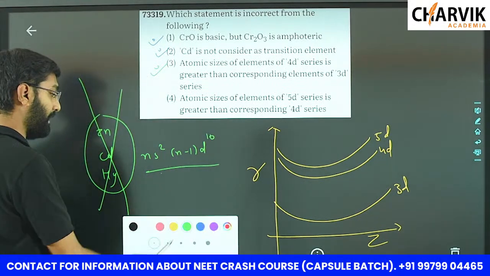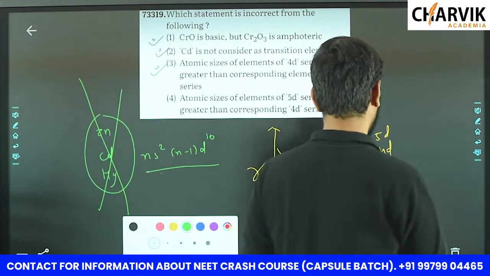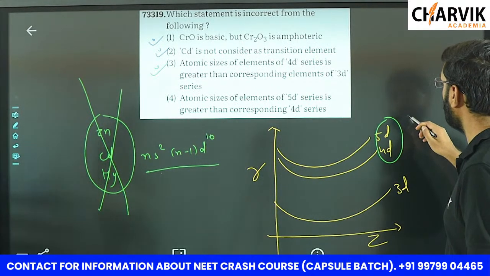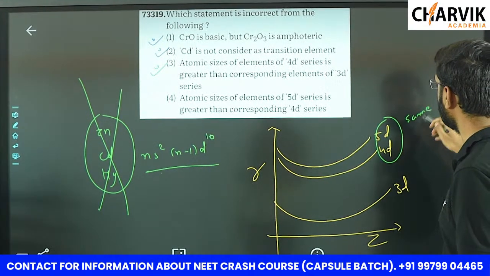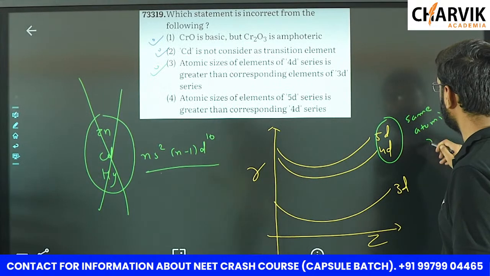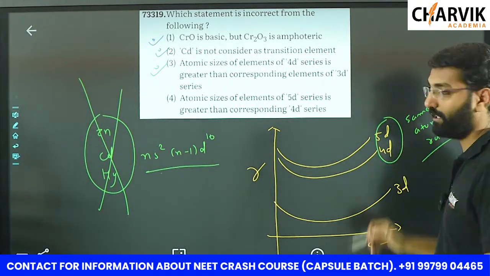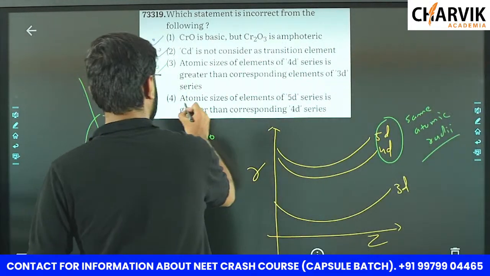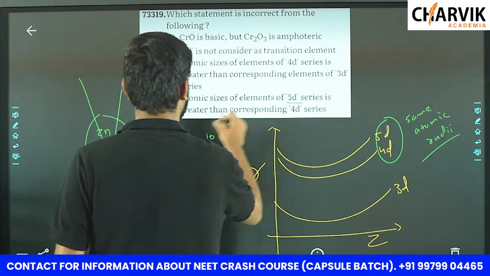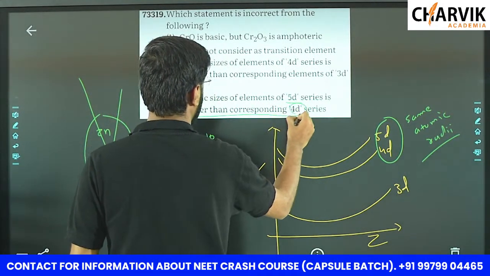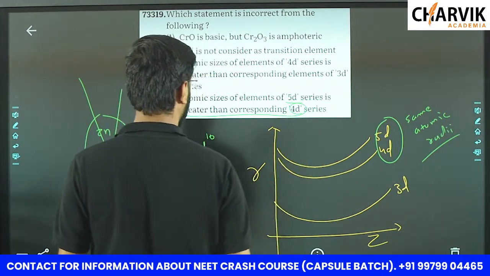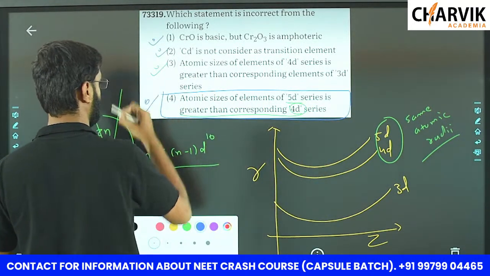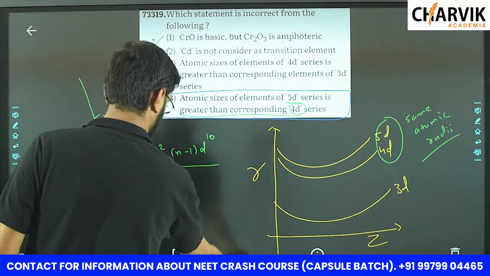Now, due to lanthanoid contraction, 5d and 4d elements have almost the same atomic radius. Right? But according to this option, atomic size of elements of the 5d series is greater than the corresponding 4d. 4d and 5d have almost the same atomic radius. So your correct option is 4. Then move to the next question.